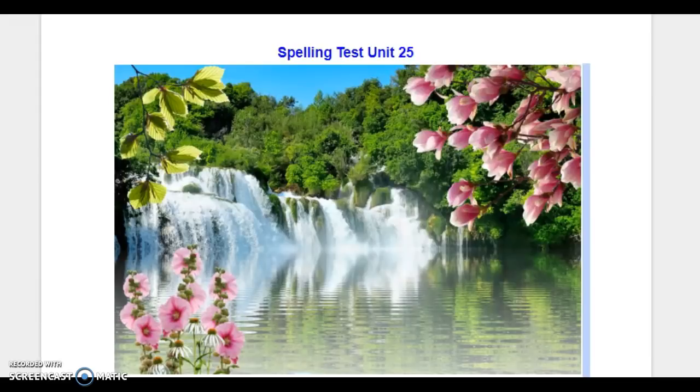Number 3, toy. The puppy got a brand new toy. Toy. Number 4, joy. It brings me great joy to see students learning how to spell. Joy.